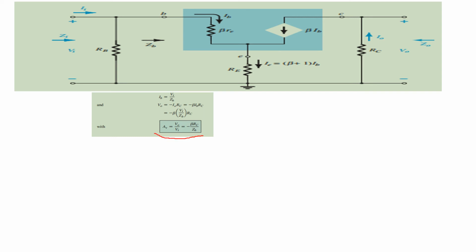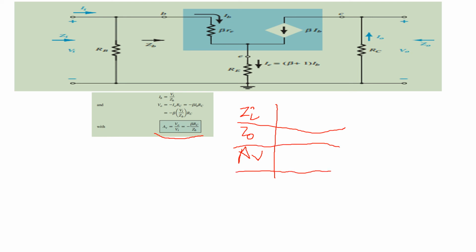Fine. So we have to define three parameters: input impedance Zi, output impedance Z0, and the voltage gain Av. So what is Zi? Zi is RB parallel ZB.